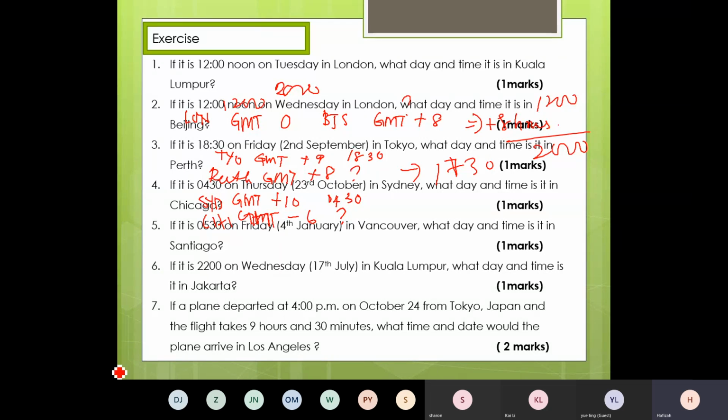Okay, number 5. If it's 5:30 a.m. on Friday, 4th January in Vancouver, what day and time is it in Santiago? What is the GMT of Vancouver?